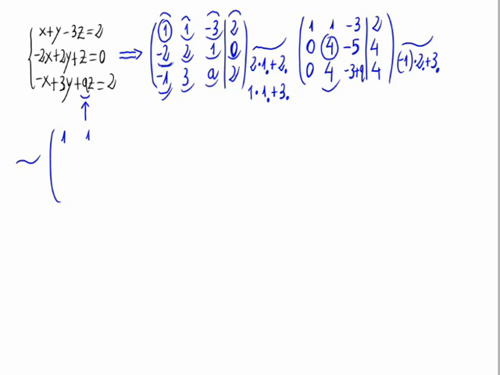So the first row will stay the same, it would be 1, minus 3, 2. The second one stays the same again, because it is the one that is going to be added or subtracted.